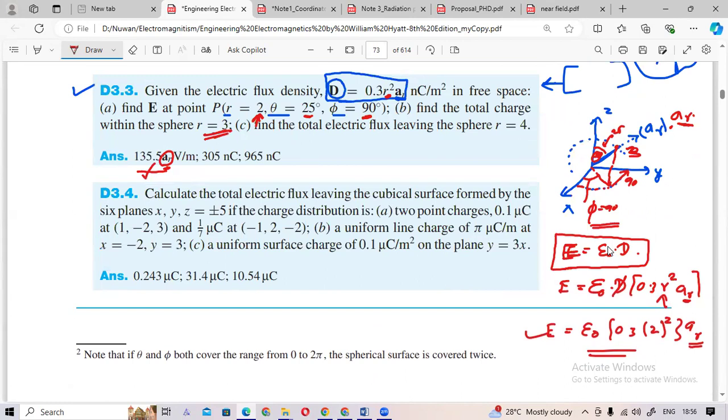We know the total flux density. Here directly we have to use Gauss's law. Most probably, in most questions you have to use the Gaussian law directly.